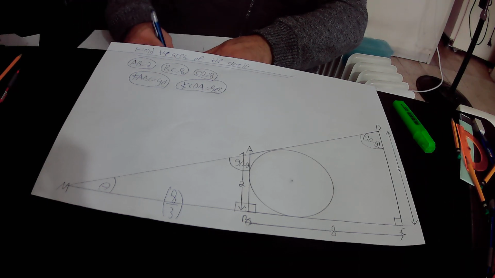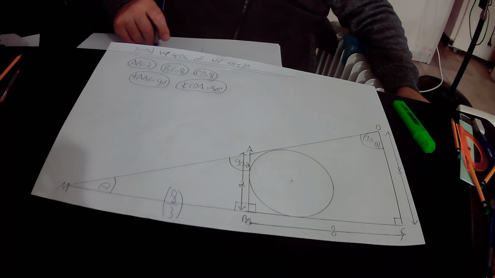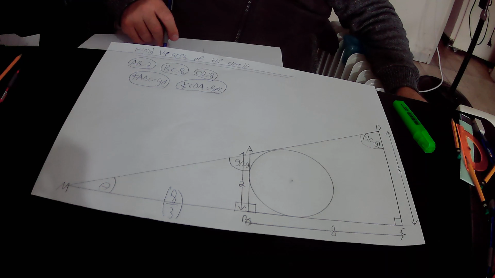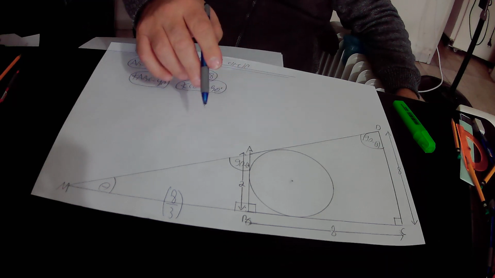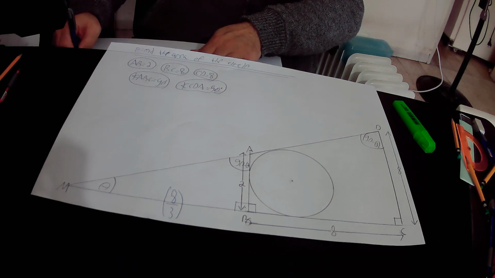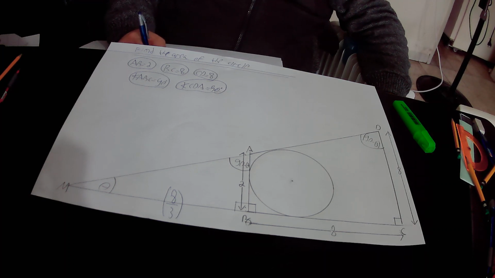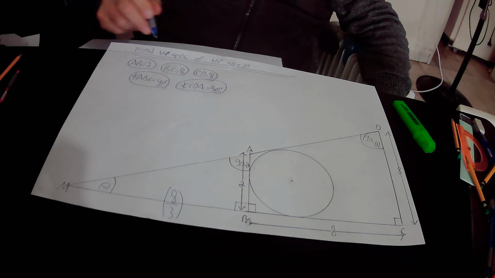According to the Pythagoras theorem, in any right triangle, the square of the hypotenuse equals the sum of the squares of the perpendiculars. The hypotenuse in the right triangle MBA is AM, therefore the square of the hypotenuse is AM squared, and it must be equal to AB squared plus BM squared.